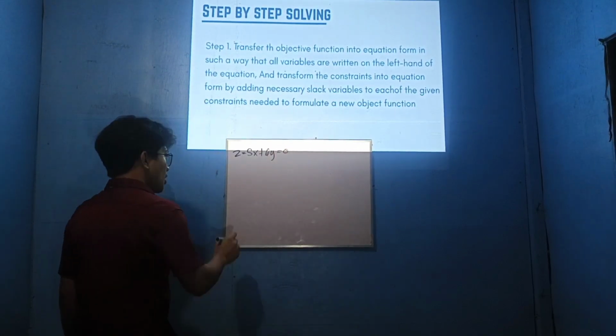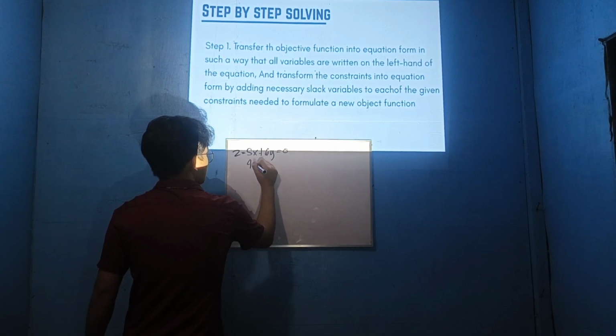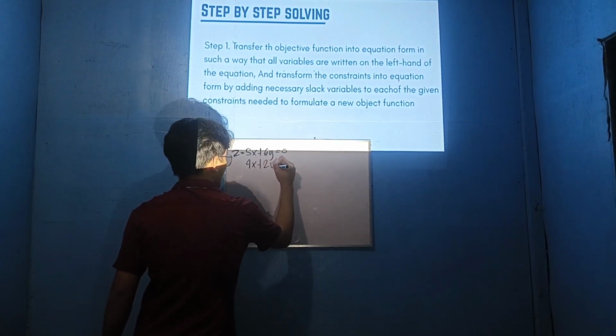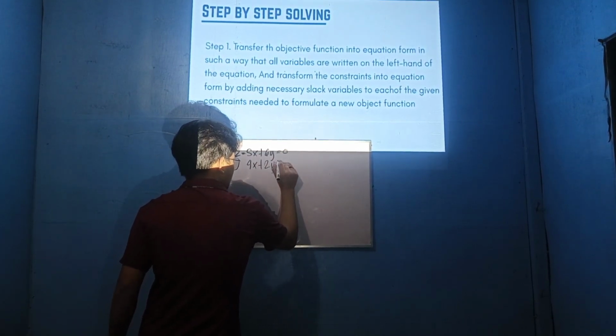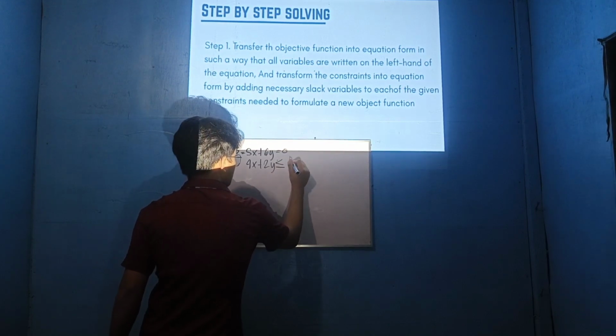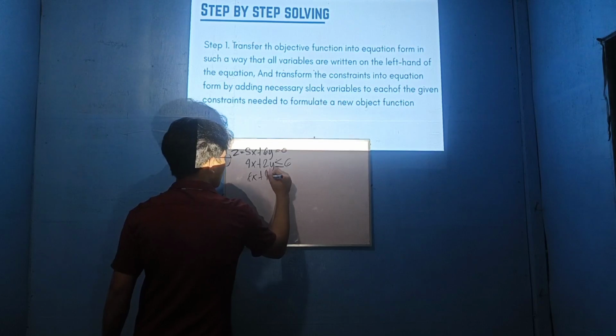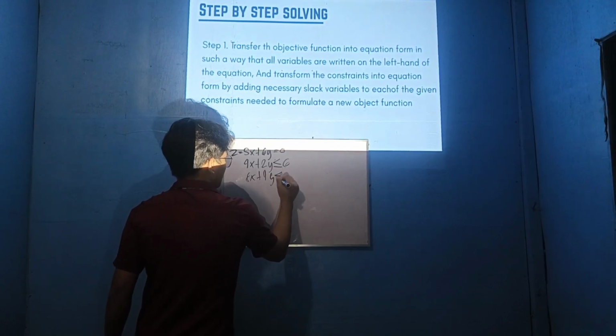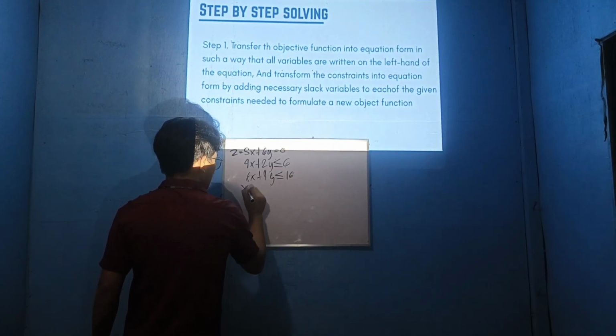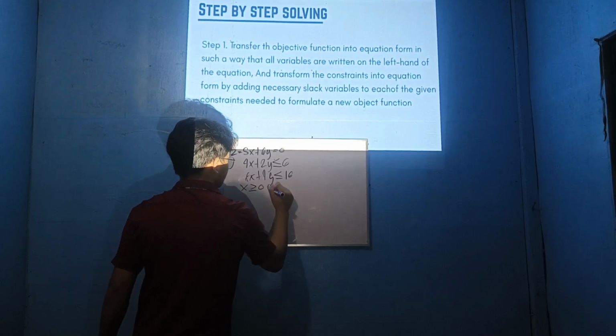Our constraints will be 4x plus 2y is less than 6, and our constraint number 2 will be 8x plus 4y is greater than 16, and x and y are greater than 0.